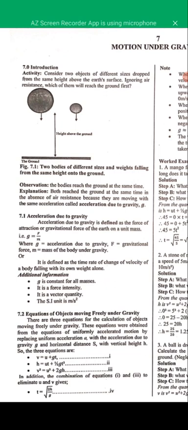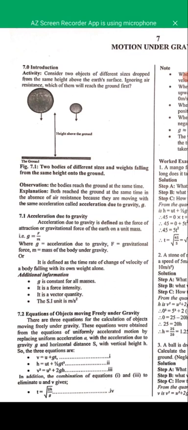Acceleration due to gravity is defined as the force per unit mass on a body under the influence of gravity, or the gravitational force of the earth on a unit mass. So we have g equals F over m, because from F equals mg, we have g equal to F over m.